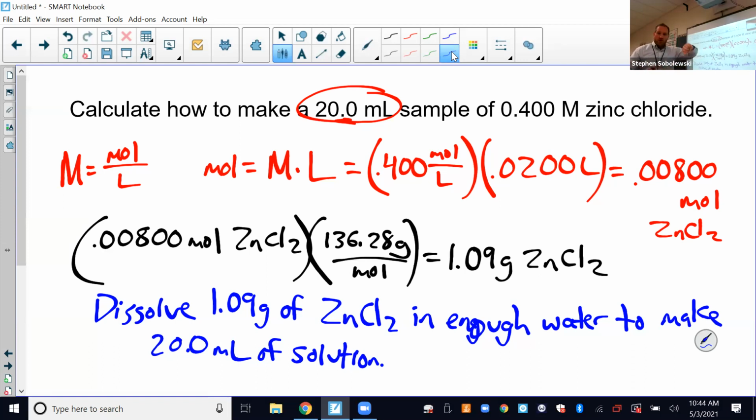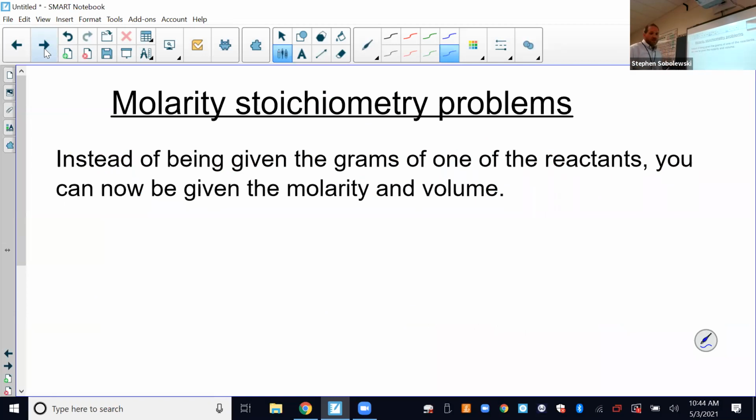You'd add your 1.09 grams of that, and then add most of the water you need, not all of it. Then you shake to get it to dissolve. And once it's dissolved, you top it off very carefully with water to get it exactly to your 20 milliliters. Okay. So the last concept we'll cover here is molarity stoichiometry.